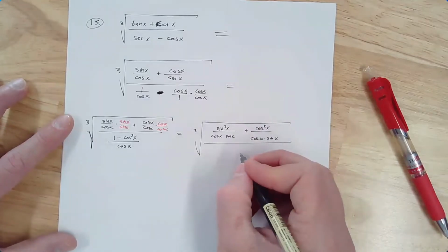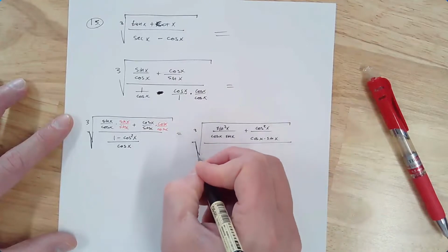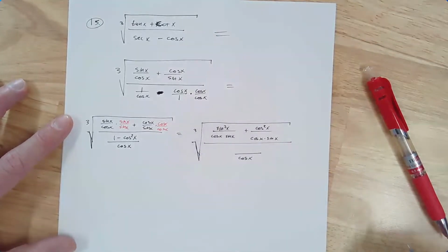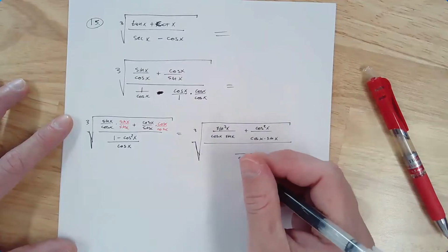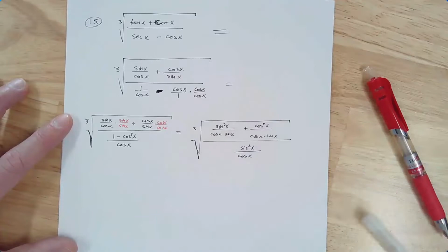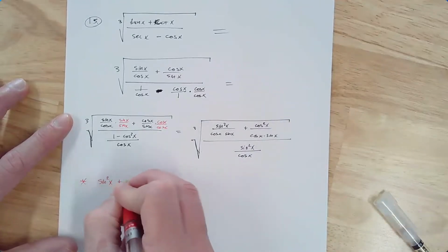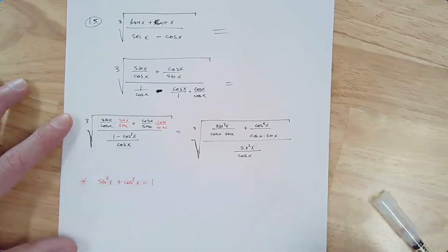In the denominator, what do I have over cosine x? What can I replace 1 minus cosine squared with? Sine squared x. Right, we're definitely going to be using the trig identity sine squared x plus cosine squared x equals 1.